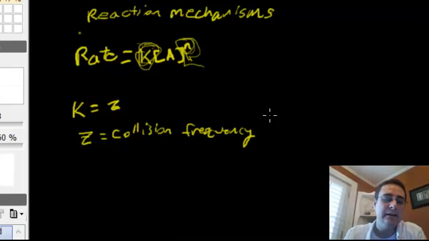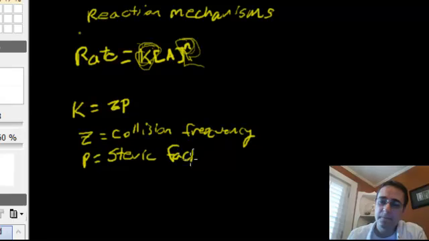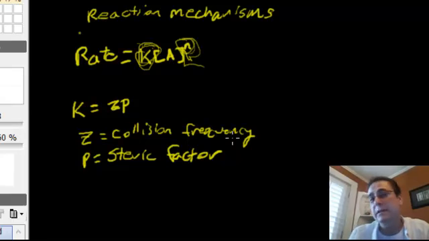That is Z. There's something else in K, and that is P, right? P is called the steric factor. Okay, and the steric factor, steric, that root word stere, same root word that's in stereo, means position in space, or arrangement in space.